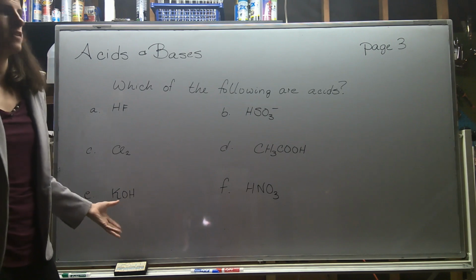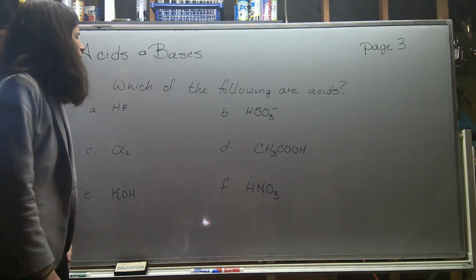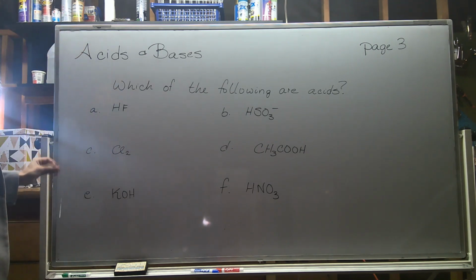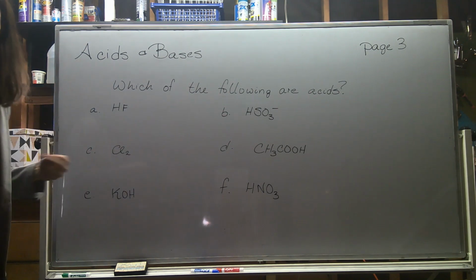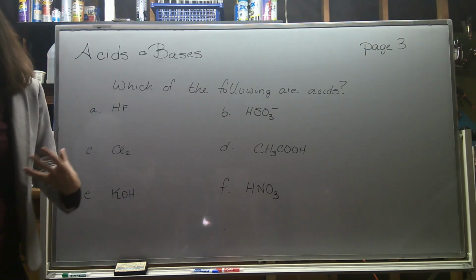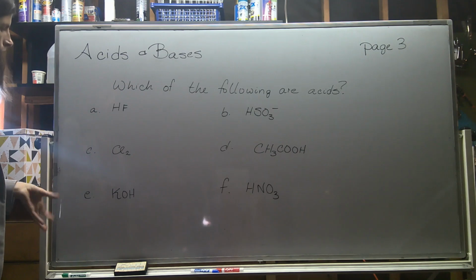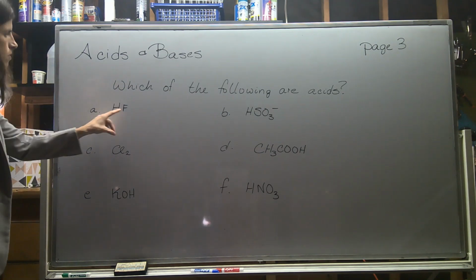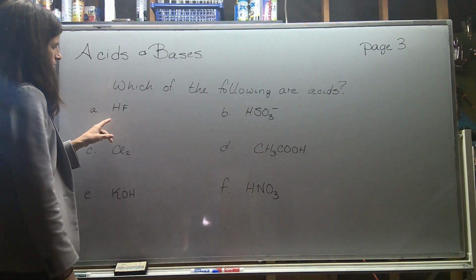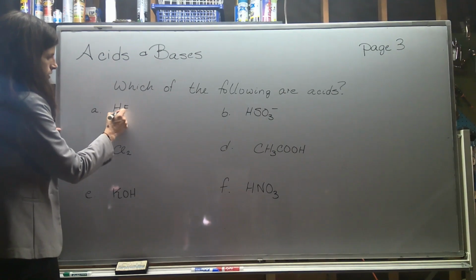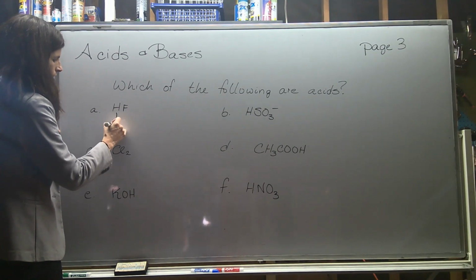Let's do some practice here identifying acids now. Some of these species, they should start to jump out at you as having the potential to function as acids. So whenever you see something that you can split into ions, for instance, this first one here, hydrofluoric acid.